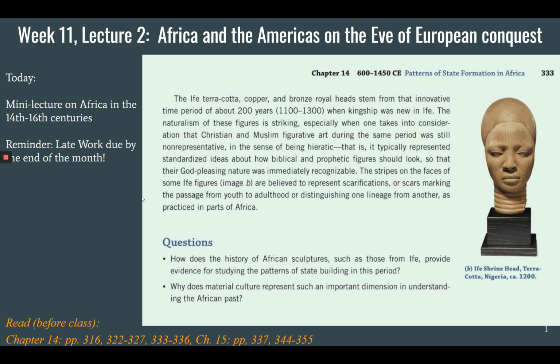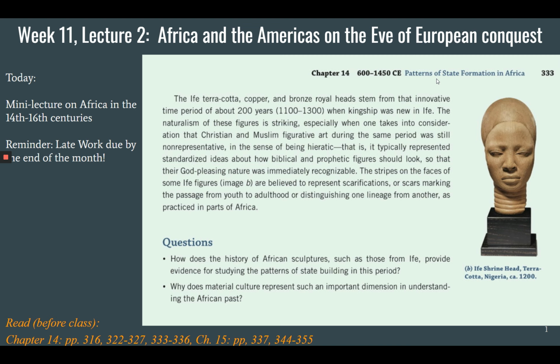So from 1200, this example of a woman's head here, this is some kind of queen or empress, or I don't know exactly what she would have been called, but this is a leading figure in society who would have been considered quite powerful and royal.